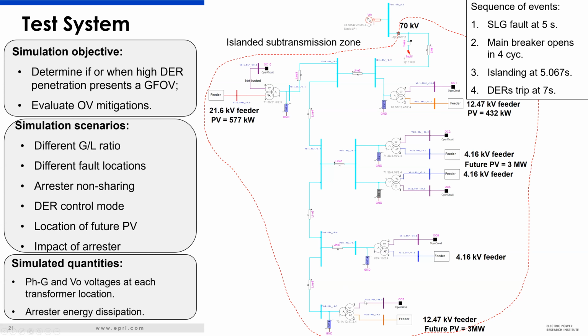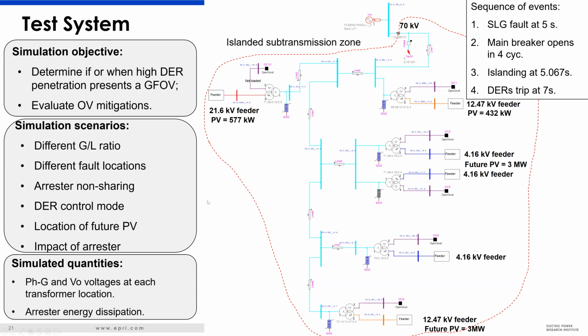Arrestor non-sharing: we had a case where, in simulations, we put all duty on one arrestor and see what happens to the energy of that arrestor, to try to capture what is expected to happen in reality with non-sharing of arrestors. Also, DER control mode, as I talked about, volt-var versus power factor.